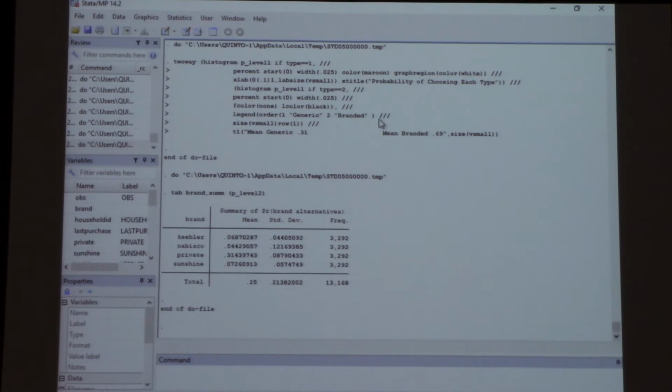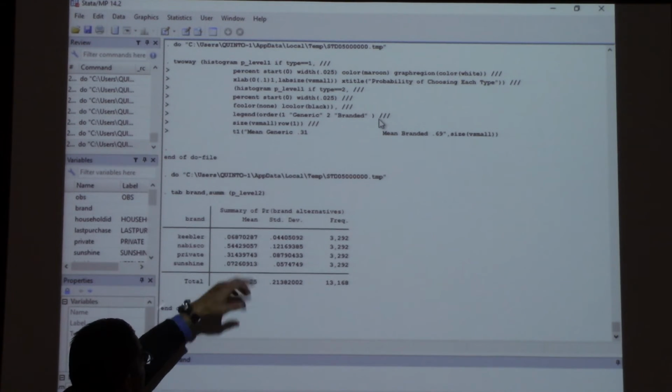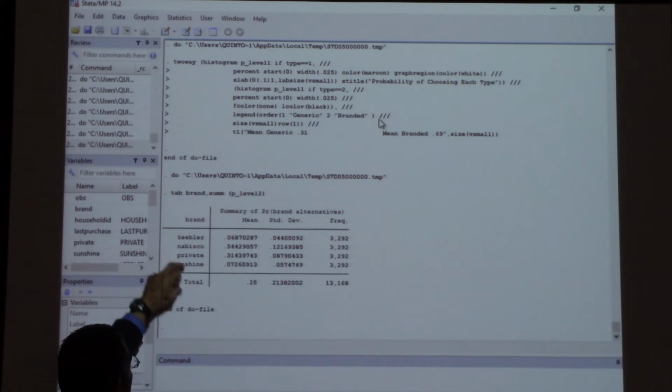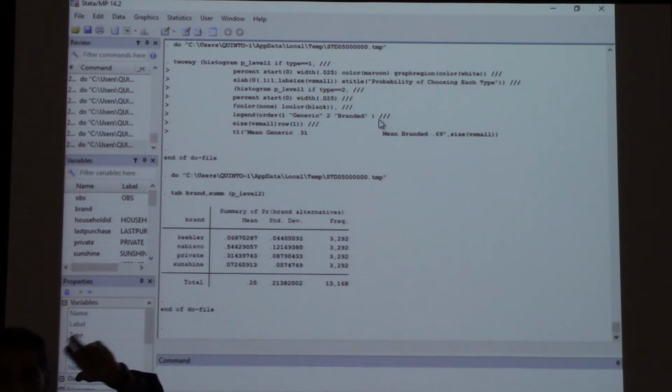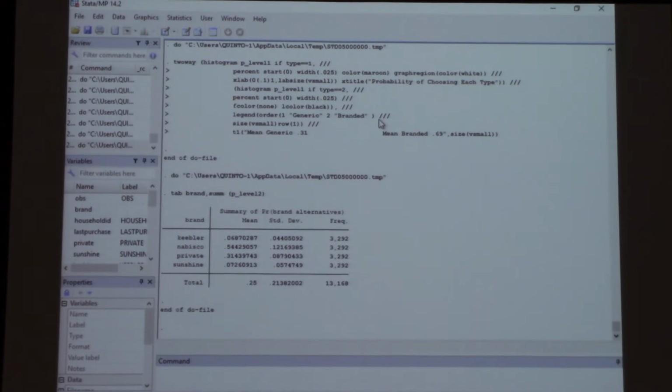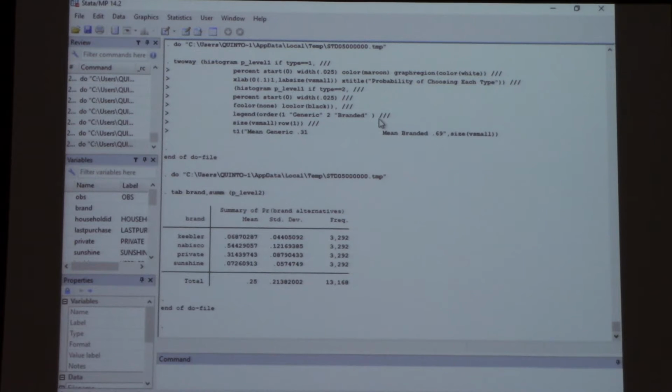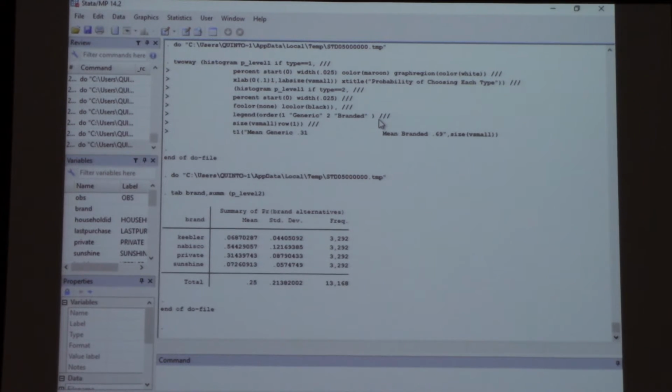I think I just had you do the frequencies. But for the relative frequencies, we knew Nabisco had 54%, and then private at 31%, and Keebler and Sunshine had pretty similar, about 7%. So these aren't that useful. What we want are the conditional probabilities.